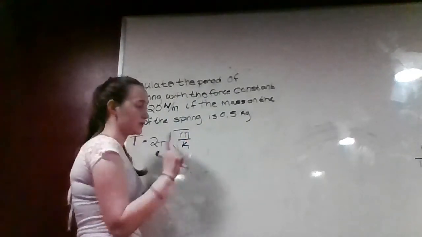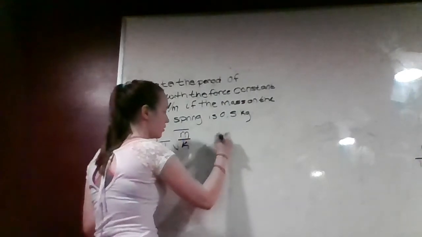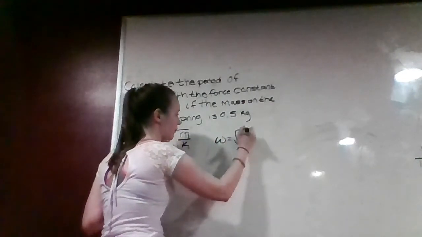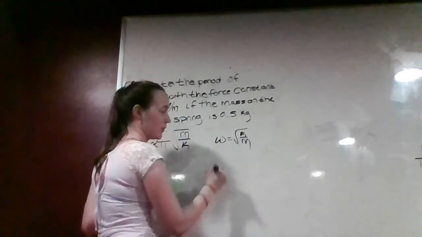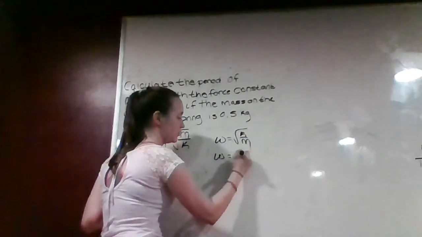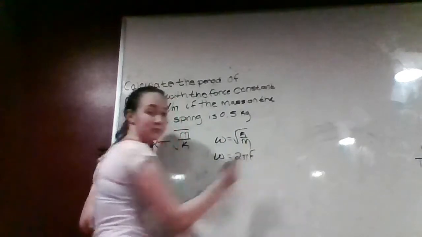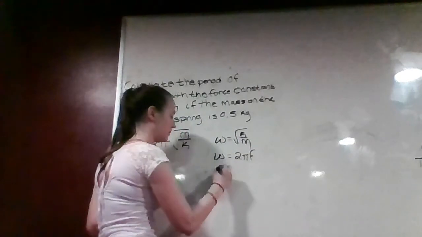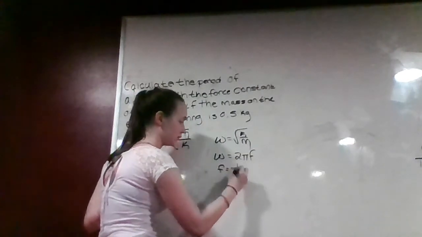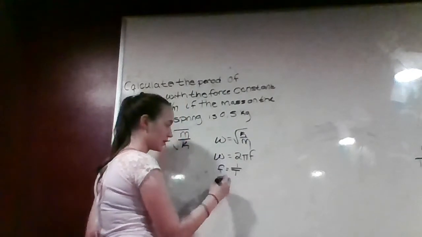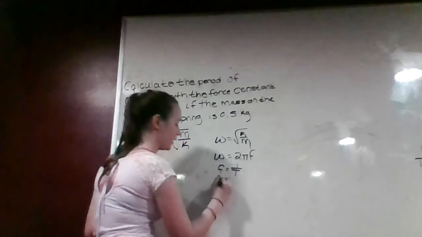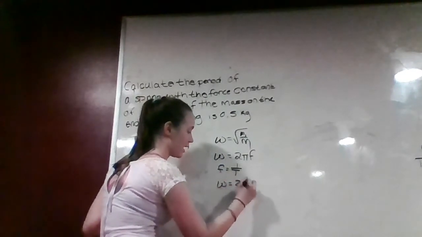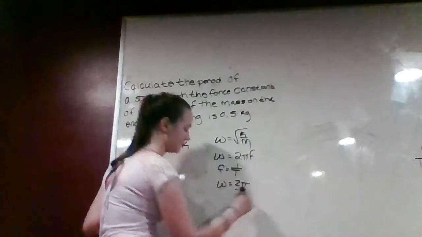Yes. There's a few relationships we know. We know that omega equals the square root of k over m. And we also know that omega equals 2 pi frequency. And we know that the frequency equals 1 over the period. If we substitute in for frequency, we find that omega equals 2 pi over the period.